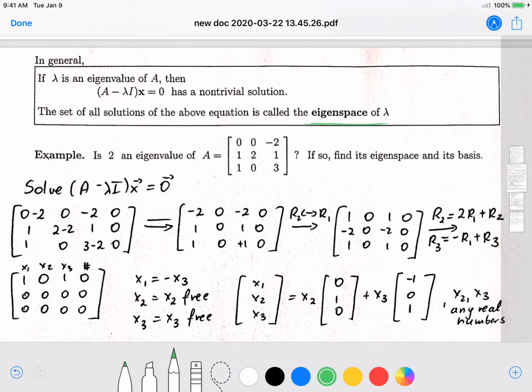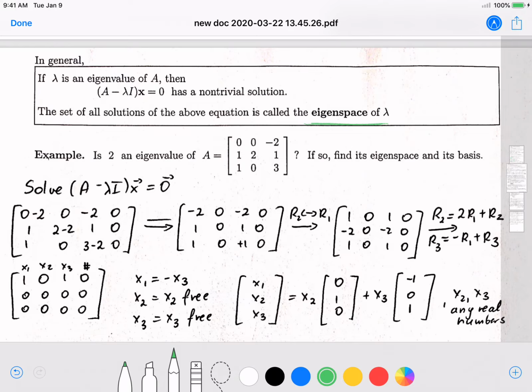So here's an example. Is 2 an eigenvalue of A? And if so, find its eigenspace and its basis. So we need to solve A minus lambda identity x is equal to 0.